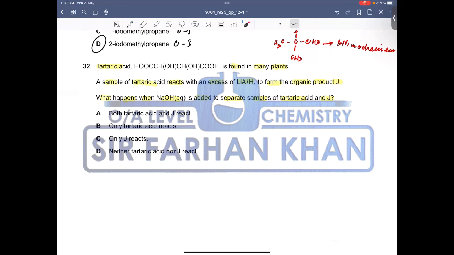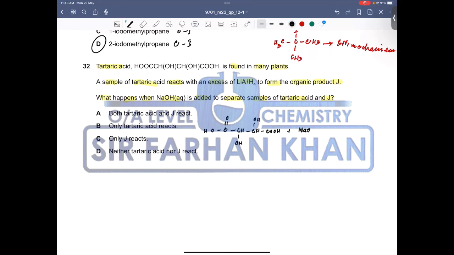This is the structure of tartaric acid: COOH, CHOH, CHOH, and then COOH.